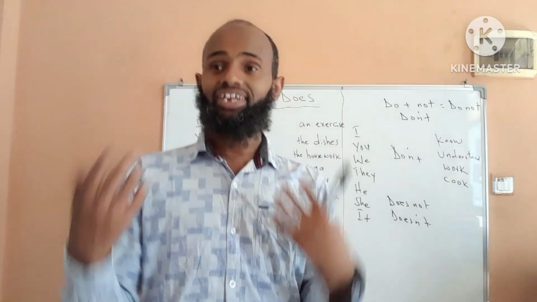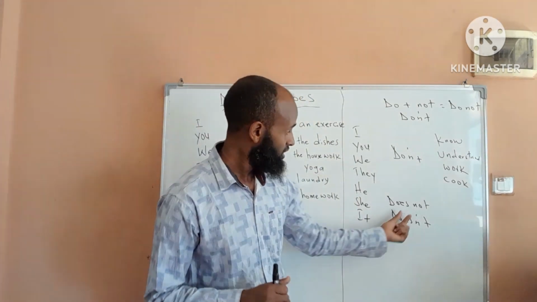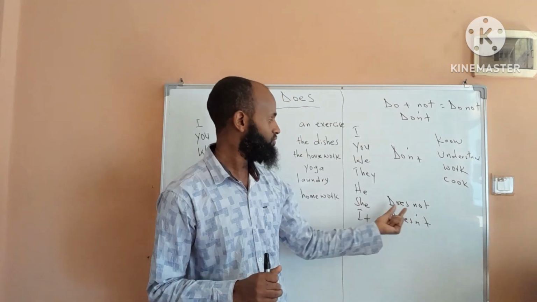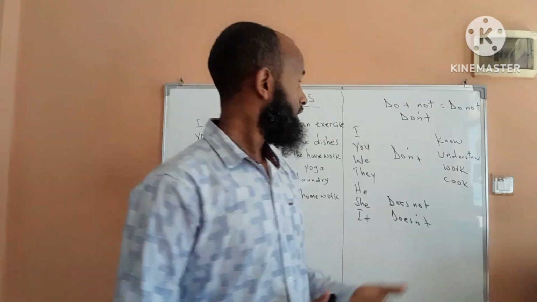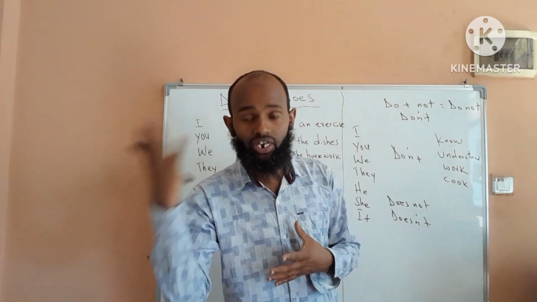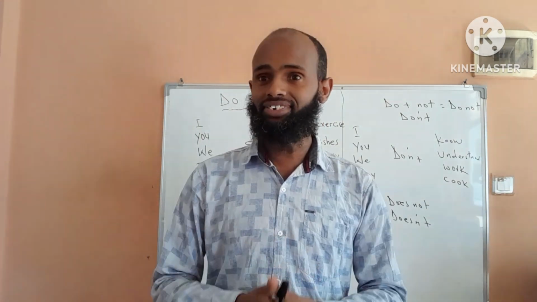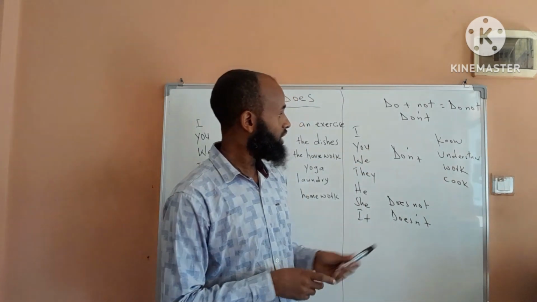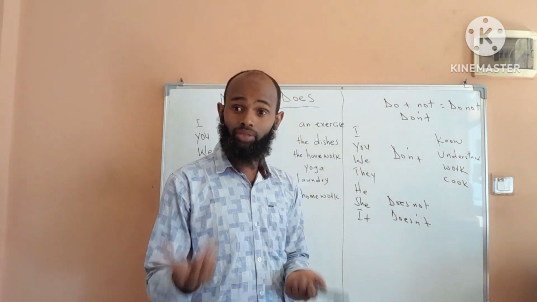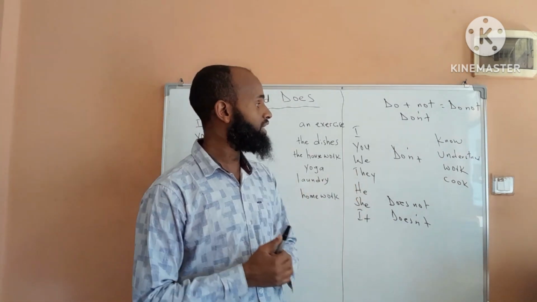He doesn't work. He doesn't cook. It means that it's negative. He doesn't know means he doesn't know you. He doesn't understand the topic. He doesn't understand the lesson. So in this case, it is in the negative form.